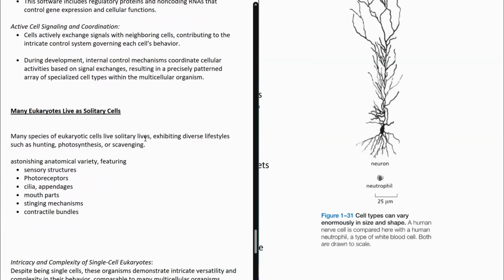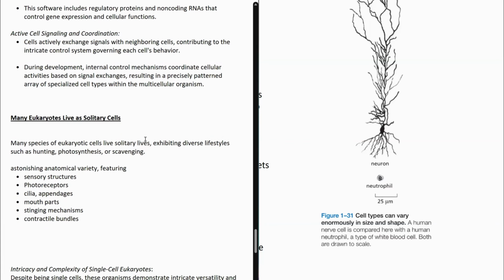As we get into the actual book, we'll see in more detail how cells signal each other and coordinate with neighboring cells to make a very intricate system of cell behavior that is communicating. There is a very heavy element of control and synchrony between many cells that ultimately drives development and internal control mechanisms to control cellular activities.